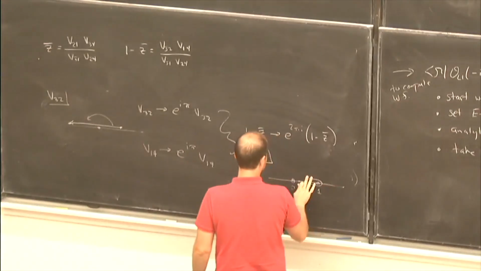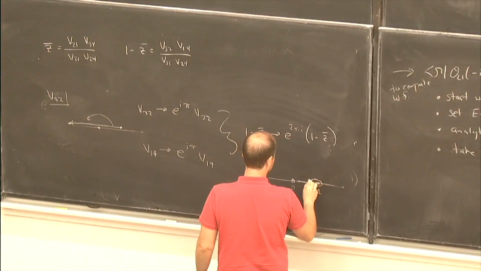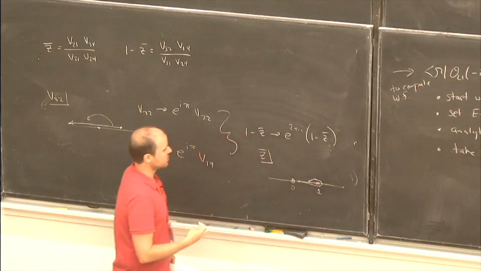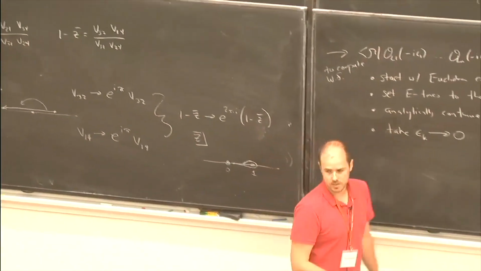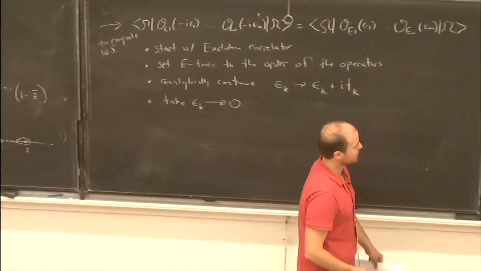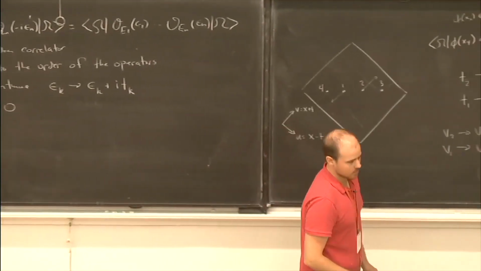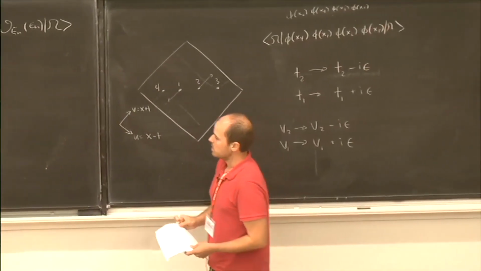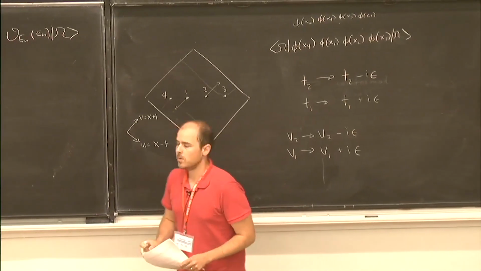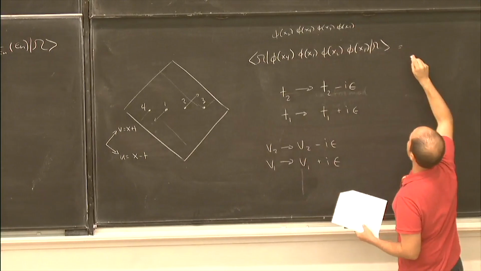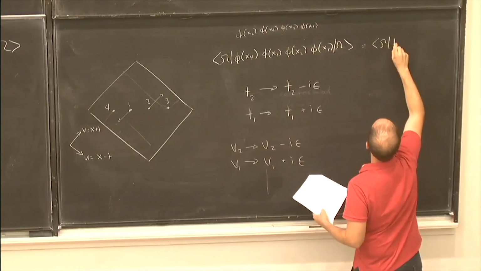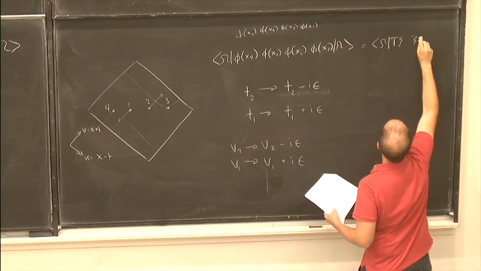It just goes back to somewhere on the real line, where the position on the real line depends on where x2 ends up. So this ordering is equal to the Lorentzian time ordering in this configuration.